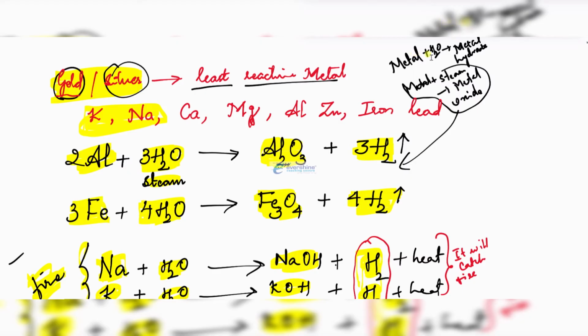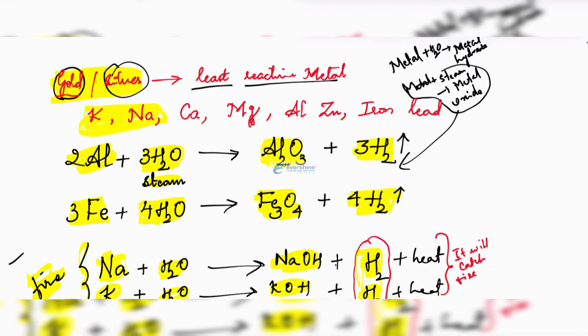When any metal reacts with water, it gives metal hydroxide. When metal reacts with steam, it gives metal oxide. Any doubts? When metal reacts with water, it gives metal hydroxide. And when metal reacts with steam, it gives metal oxide. Got it?